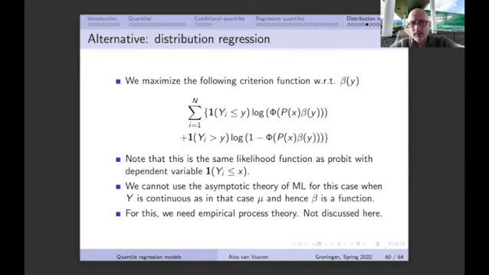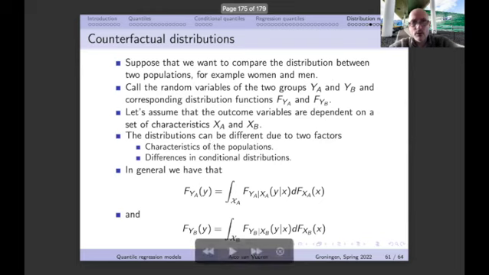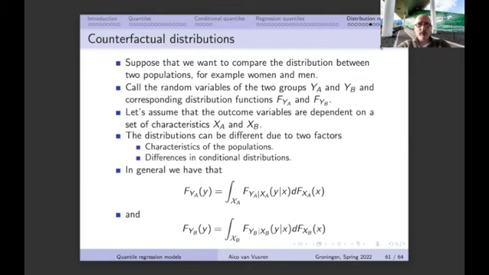The reason is that officially what we're doing here is not estimating beta coefficients, but these beta coefficients are actually values of a particular function. So we are estimating a function rather than simply a coefficient, and that makes standard econometrics no longer useful. For this we need much more difficult econometrics, such as empirical process theory, but that's not going to be discussed here.